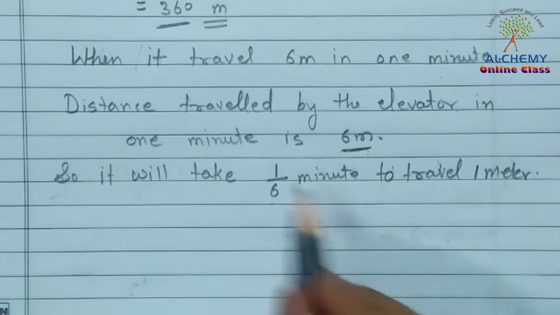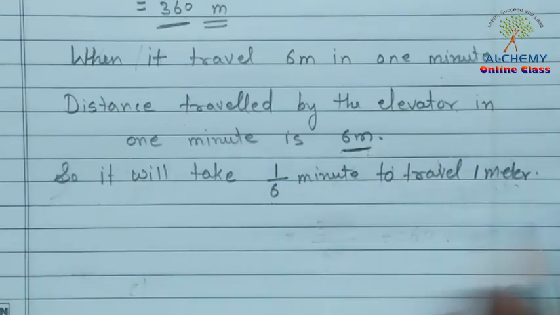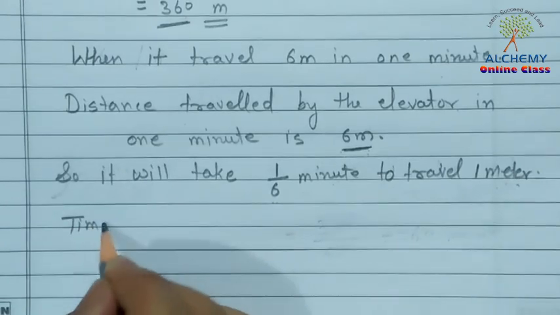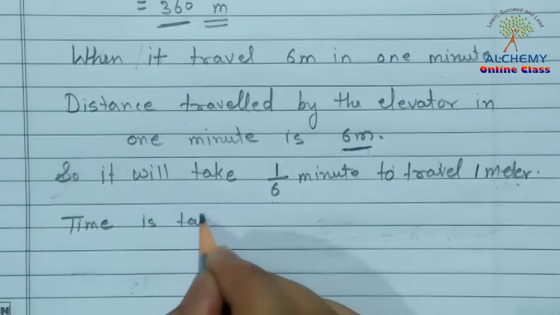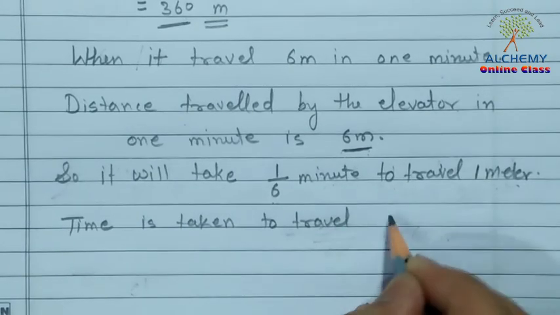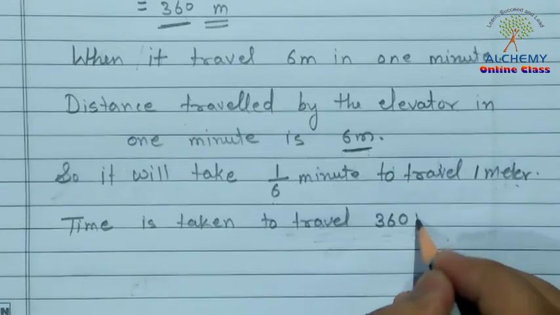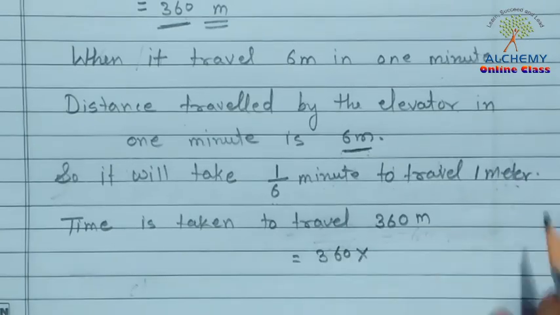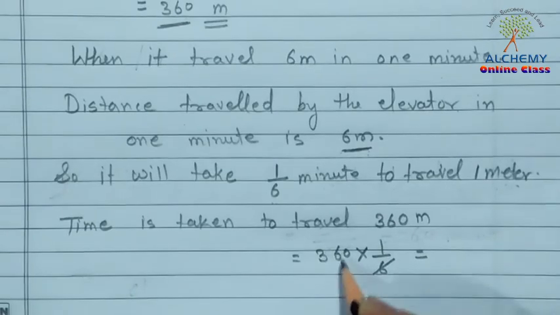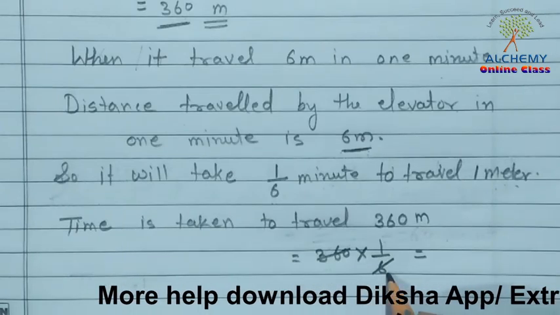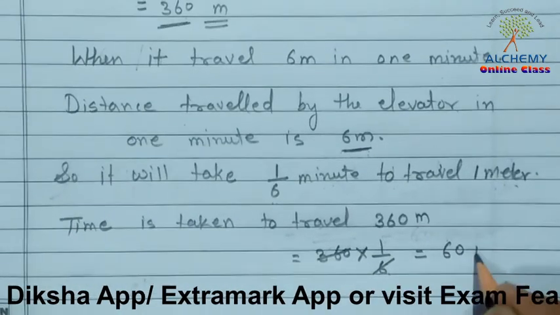So the time taken to travel 360 meters is 360 multiplied by 1 upon 6, which means 360 divided by 6, and we get here 60 minutes.